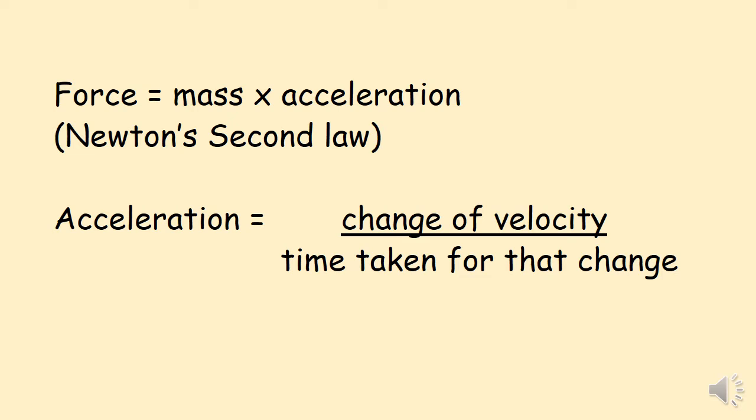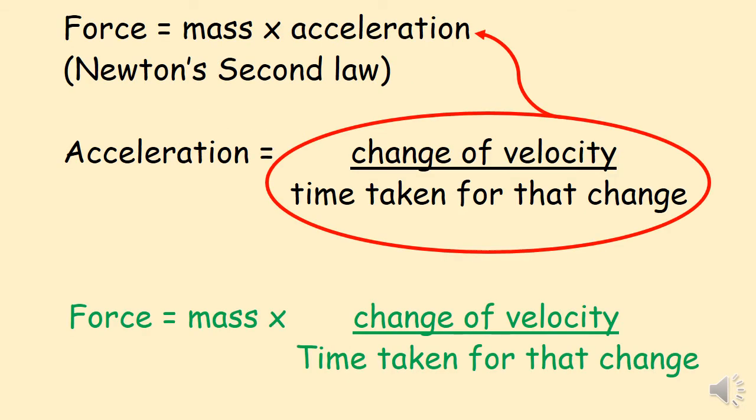So let's see how this works then. We have here two equations that you should already have memorized. From Newton's second law we have force is mass times acceleration. And we also know from the forces topic that acceleration is the change of velocity divided by the time taken for that change. So what we do is a thing you've done in maths, a process of substitution of something from one equation into another equation.